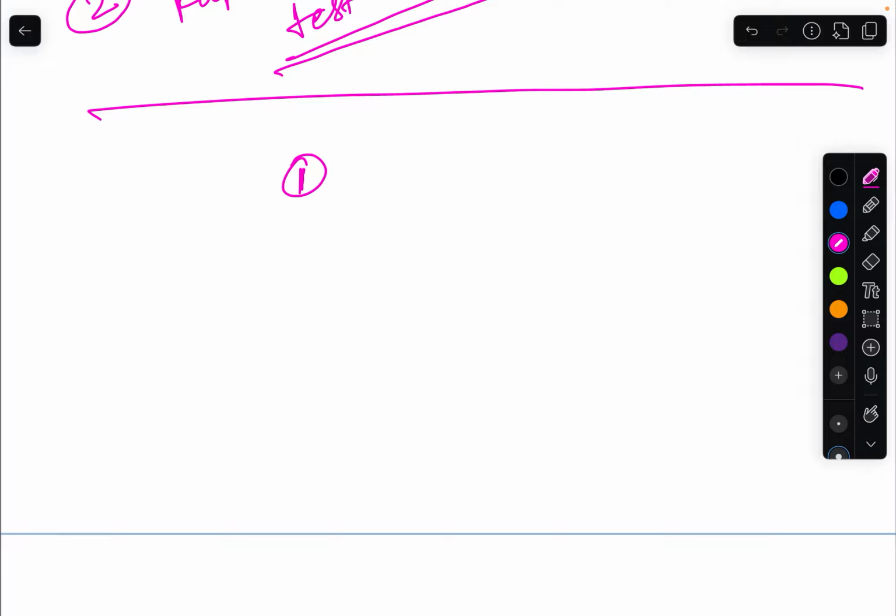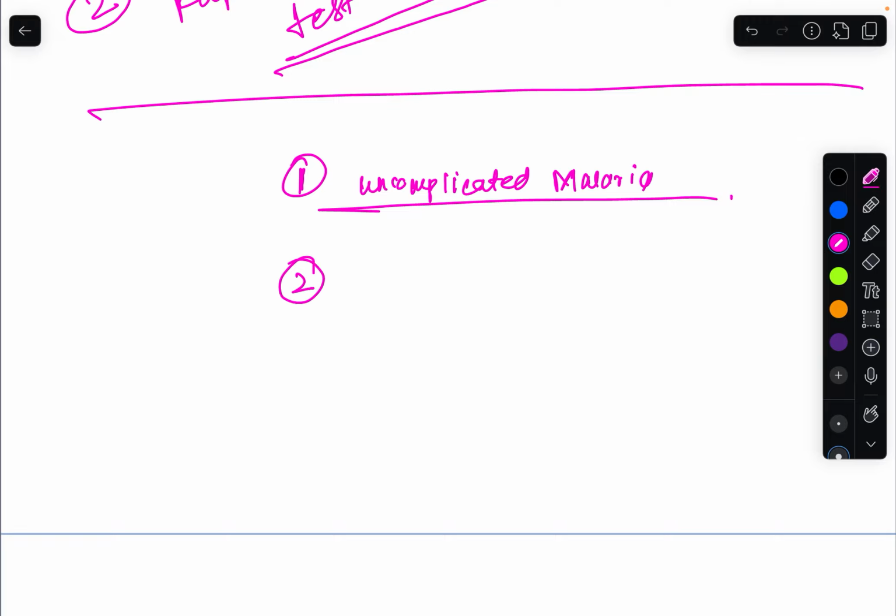All the other forms, including Plasmodium knowlesi, malariae, vivax and ovale, only cause uncomplicated malaria. And Plasmodium falciparum can cause uncomplicated as well as severe malaria.